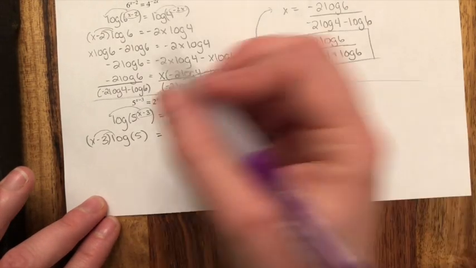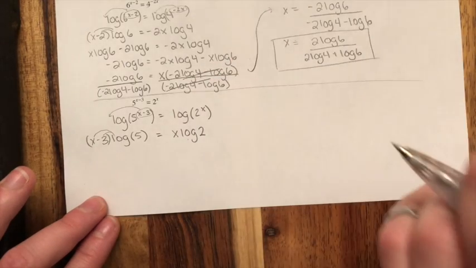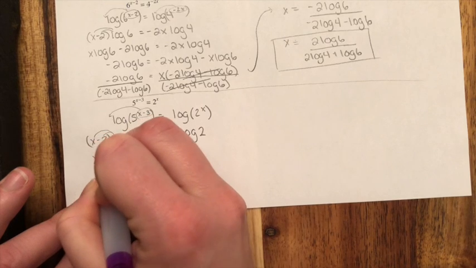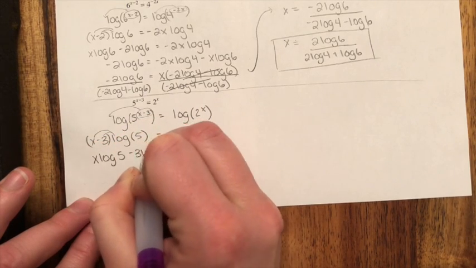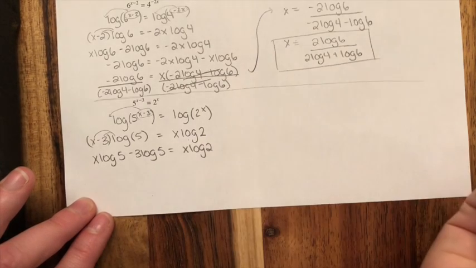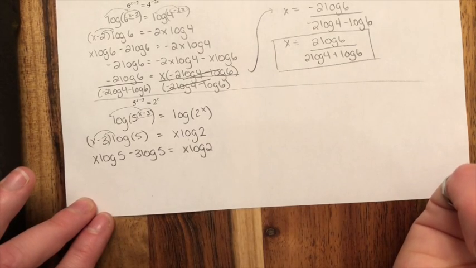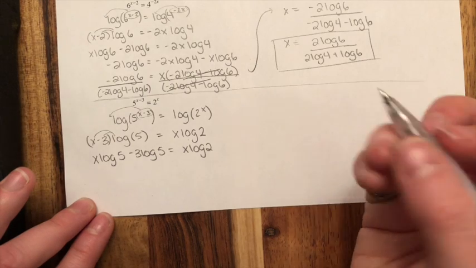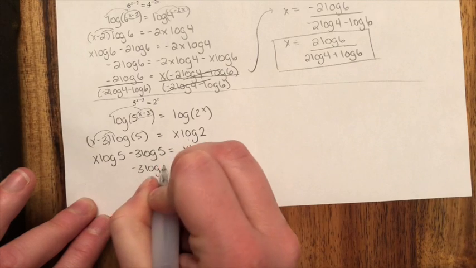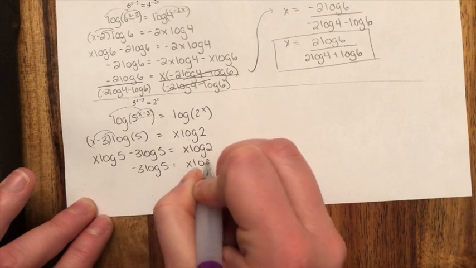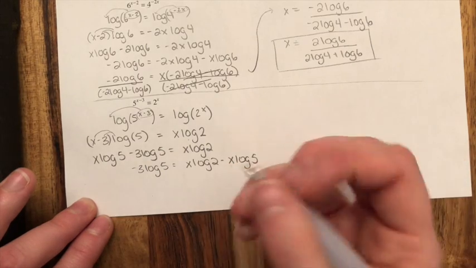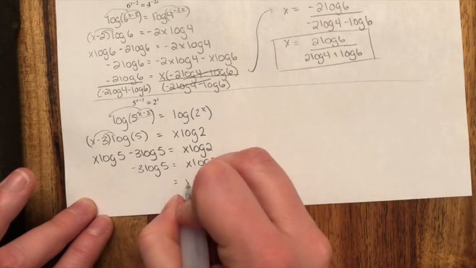Once we get to this point, it's actually a really repetitive process. So we're going to factor this in. It's going to be x log 5 minus 3 log 5 is equal to x log 2. I need to get both of my x's on one side of the equation, so I'm going to subtract this from both sides. That's going to be x log 2 minus x log 5. I'm going to factor out my x.